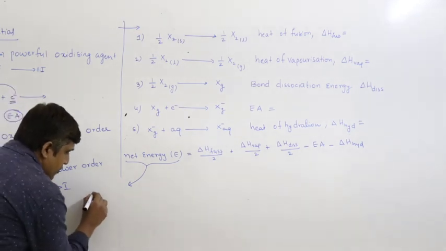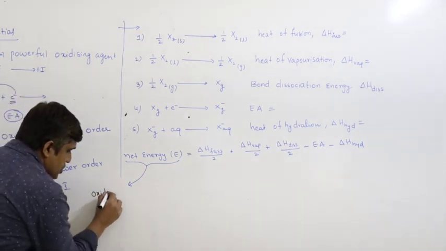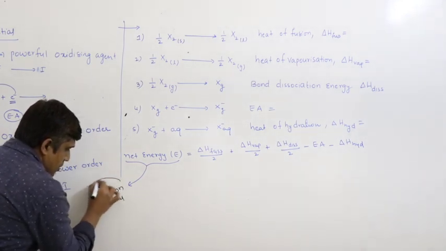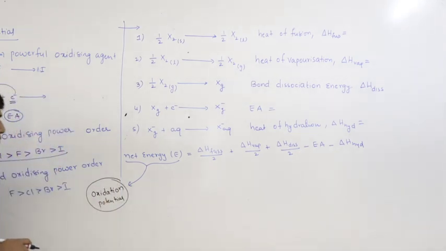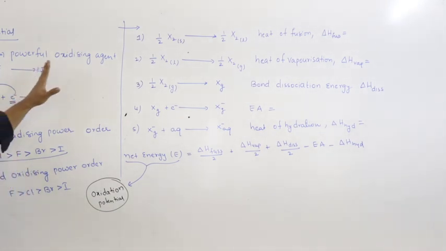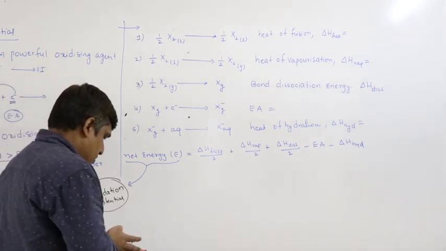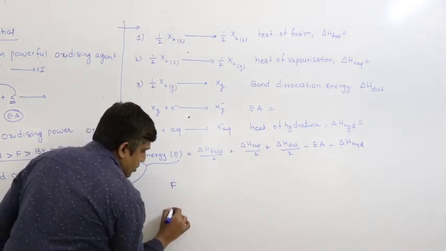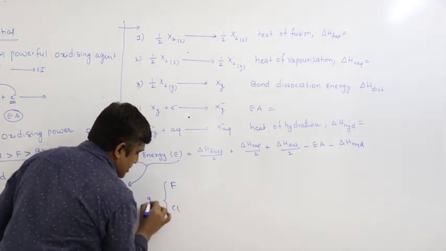It is the measure of oxidation potential. So the higher the net energy, the higher the oxidation potential, the higher the oxidizing power, the stronger the oxidizing agent. Now if I start with each element, fluorine is a gas, chlorine is a gas, both are gases.